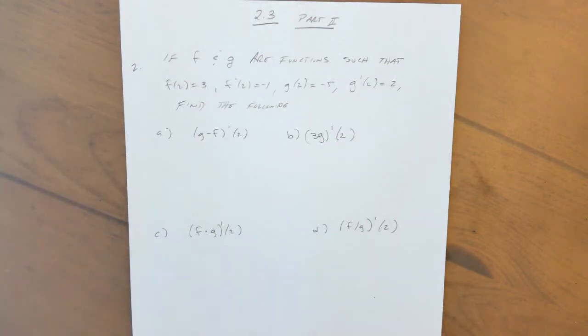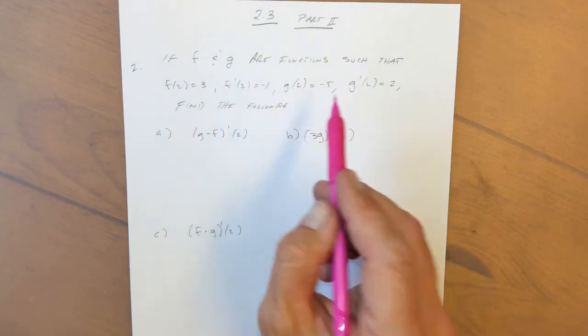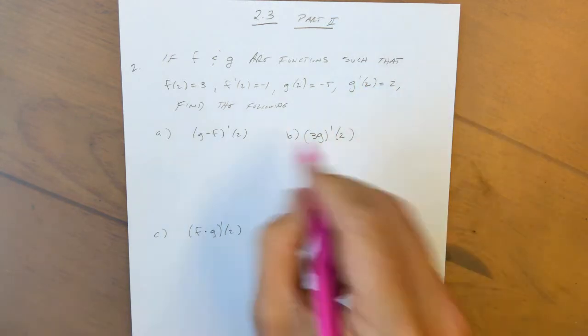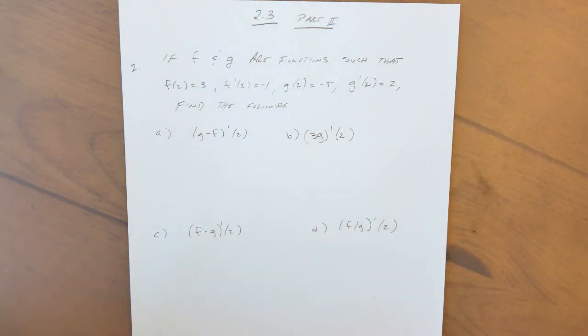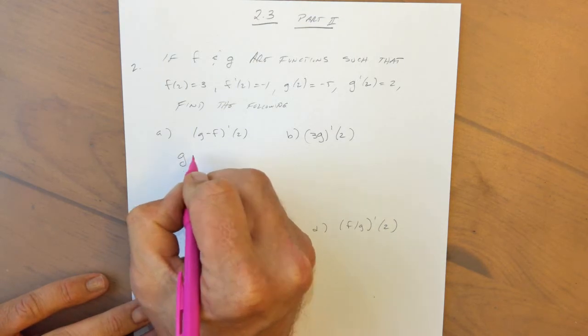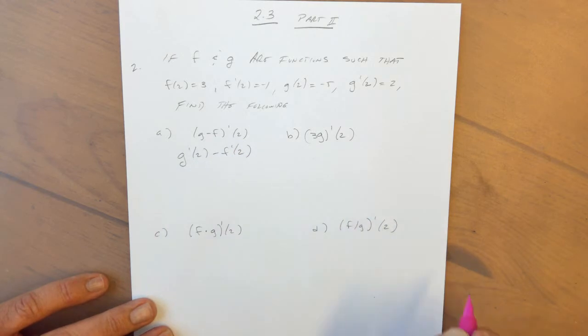f and g are functions, and they give you some values, f of 2, f prime of 2, g of 2, and g prime of 2, and they want you to find the following. So really what we're doing is we're applying some of our basic rules and properties. So here we have our sum difference, which basically says that we can write it as g prime of 2 minus f prime of 2.